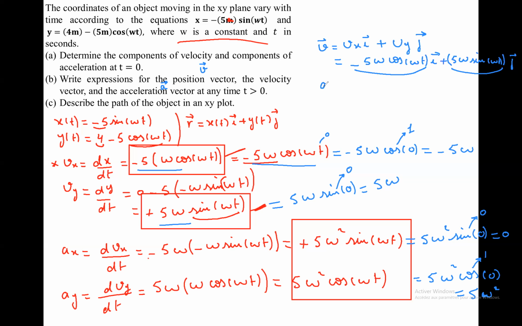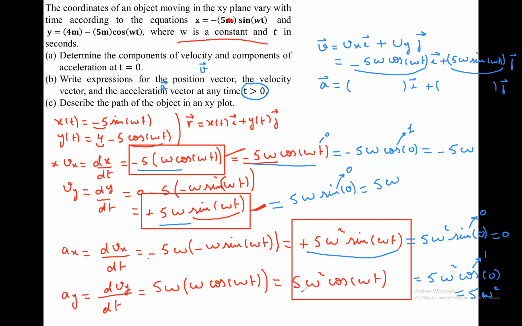Now we want A. A vector equal Ax in the i direction plus Ay in the j direction. Ax is here. Be careful, I am calculating in function of t. He asked me to calculate for t positive.